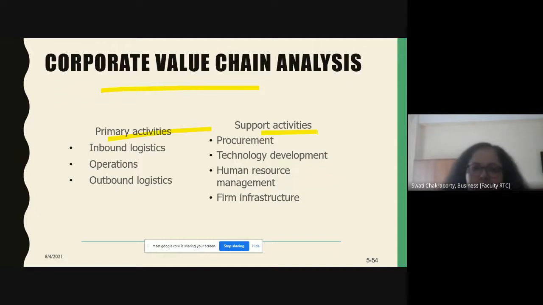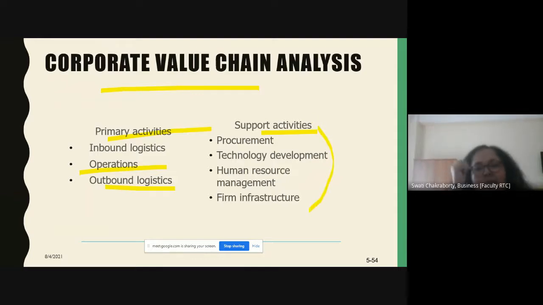Then the operations, the process of converting raw materials into outputs, and outbound logistics is the final output. And to do this entire process, you need some supportive activities.